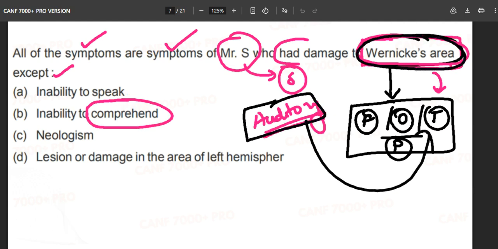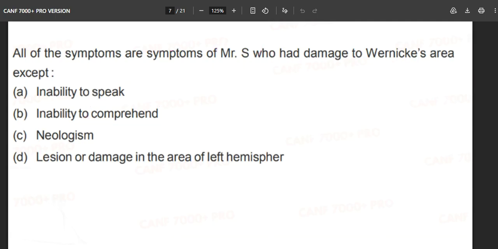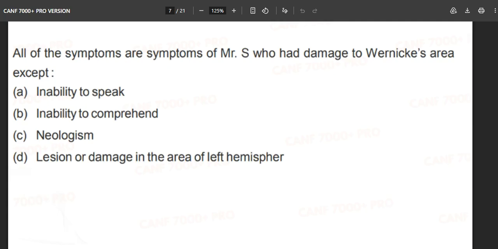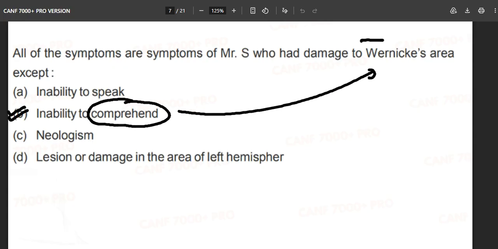Along with that, Wernicke's area is also in the temporal lobe. Now you know that if someone has damage to Wernicke's area, the primary symptom is the inability to comprehend. Comprehension will be lost first if somebody has a damaged Wernicke's area.